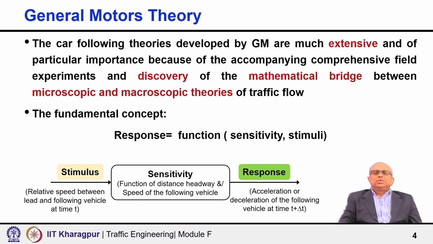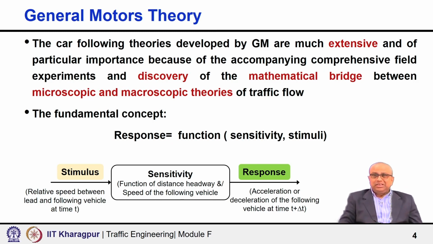The car following theories developed by General Motors are much more extensive and of particular importance because of the accompanying comprehensive field experiments. A lot of field experiments were carried out.